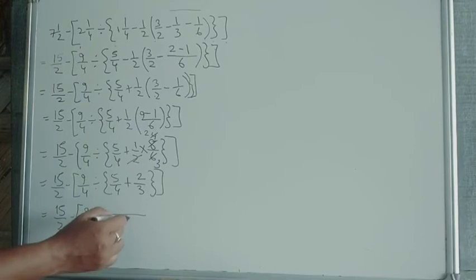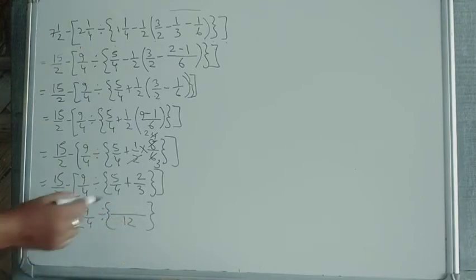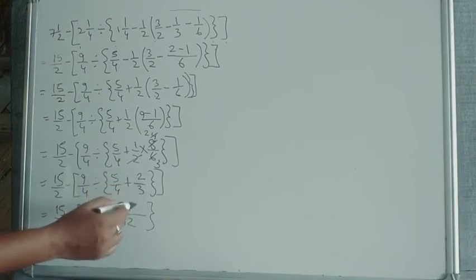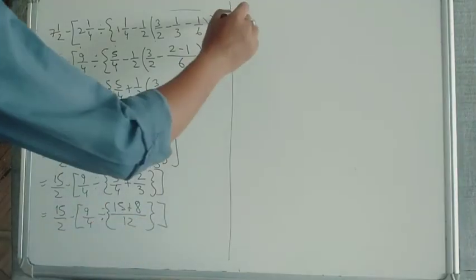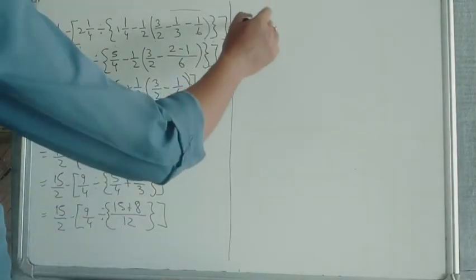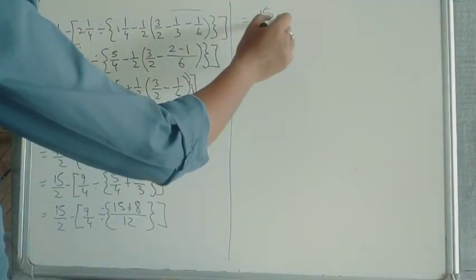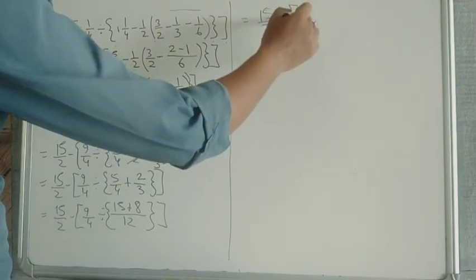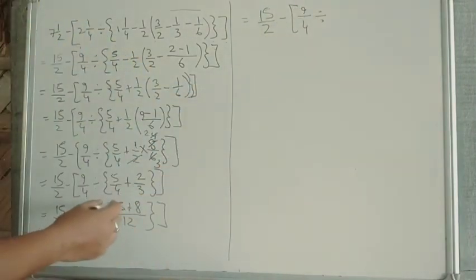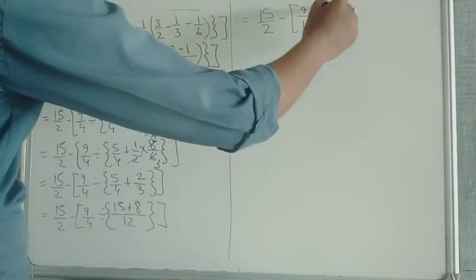4 3 LCM will be 12. 4 3 ja 12, 3 5 ja 15, 3 4 ja 12, 4 2 ja 8. So now this bracket will be finished. So 15 plus 8, 23.